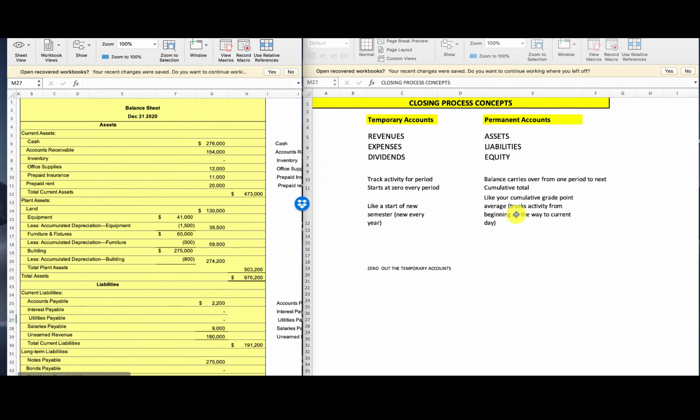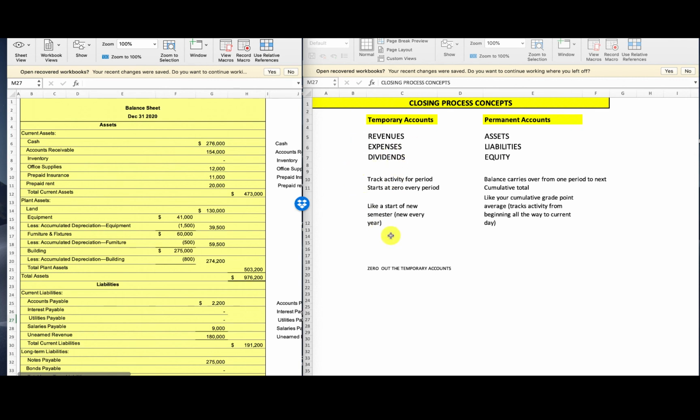So even though each semester is a fresh start, your cumulative average is taking the cumulative balance of all those semesters together and telling you, okay, what's your grade point average right now, considering everything. And that's what a permanent account is. A permanent account tracks the activity in an account from the beginning of the creation of that account all the way to the current time. So permanent accounts, the balances carry over from one period to the next.